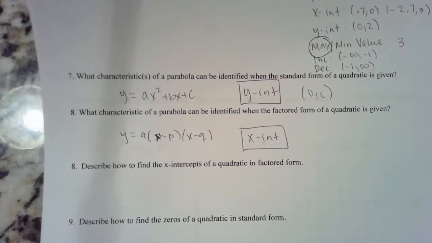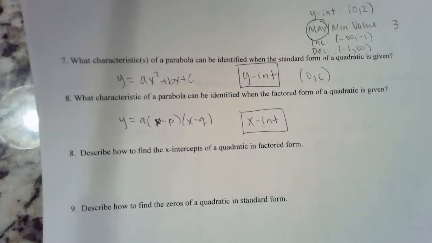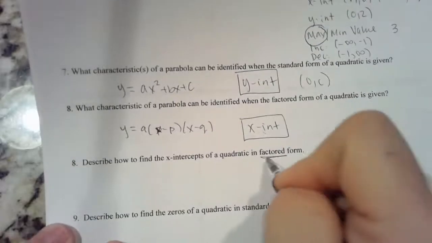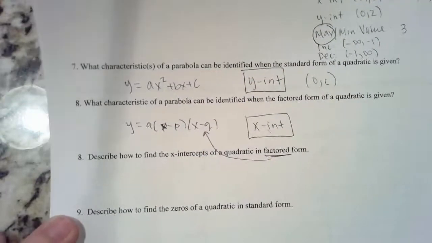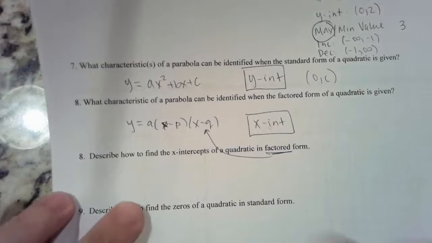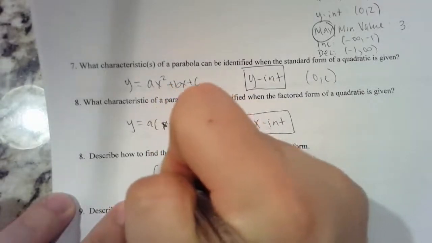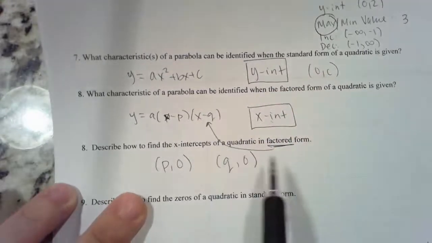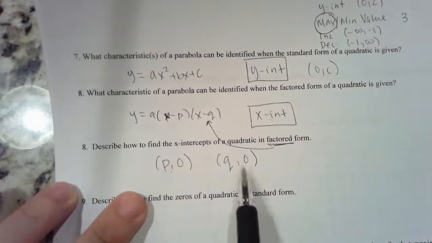Anyway, moving on. Number 8, describe how to find the x-intercepts in factored form. Well, if I give you factored form, which is this one right here, the x-intercepts are (p, 0) and (q, 0). You take whatever number is in there, change the sign, that is p, so those are the intercepts.